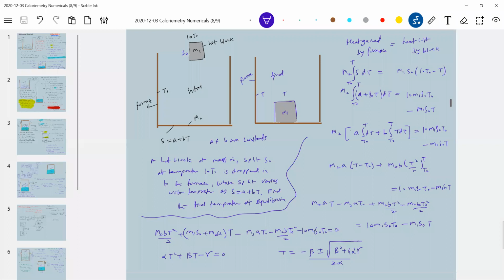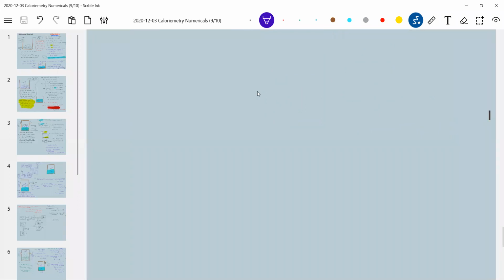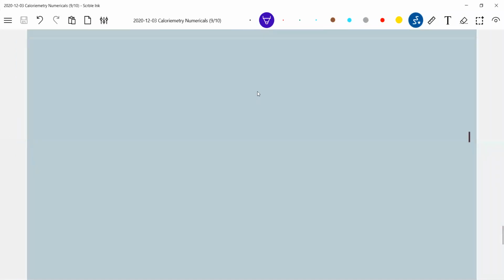Okay, now suppose there is some machine, no? So that particular ice is there. This particular ice, I want to achieve it in a given interval of time.